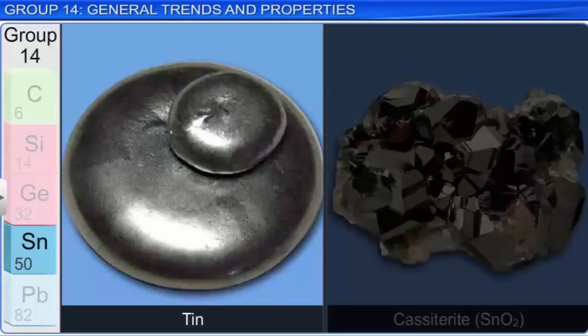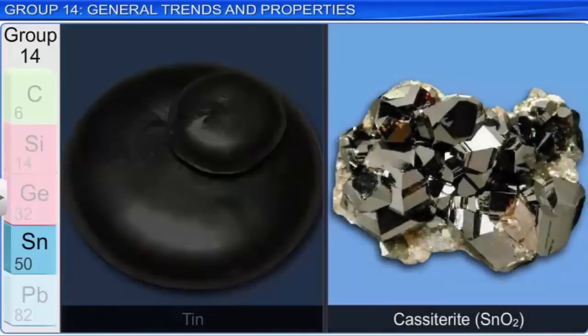When a bar of tin is bent, it makes a characteristic sound called the cry of tin. Tin is mostly found as the ore cassiterite, shown in the photograph on the right. Cassiterite has the chemical formula SnO2.